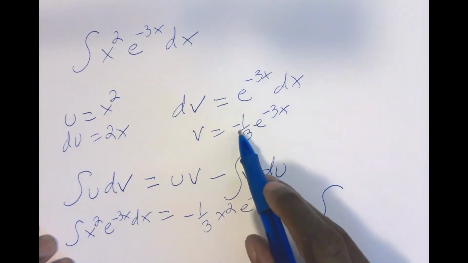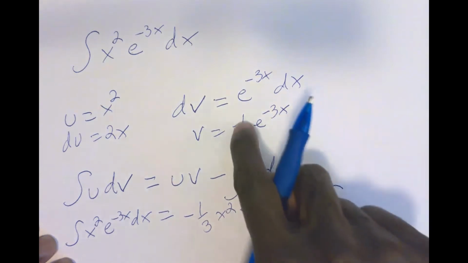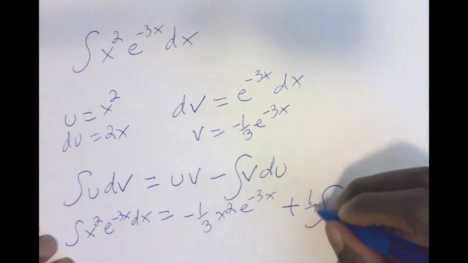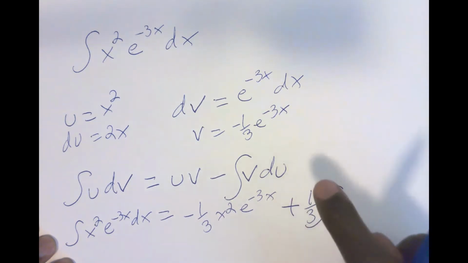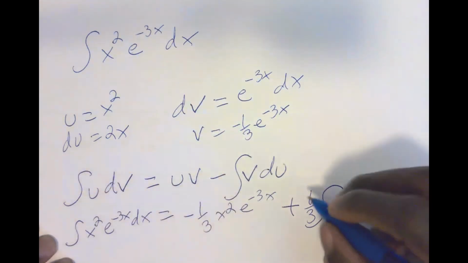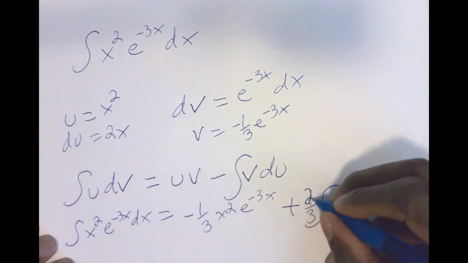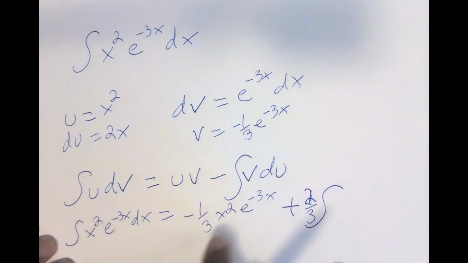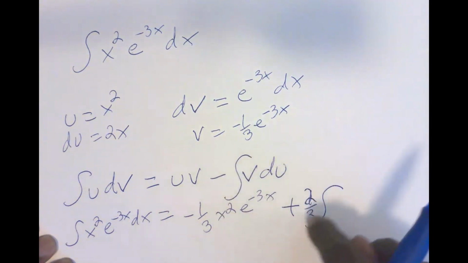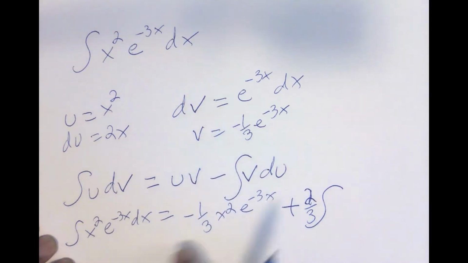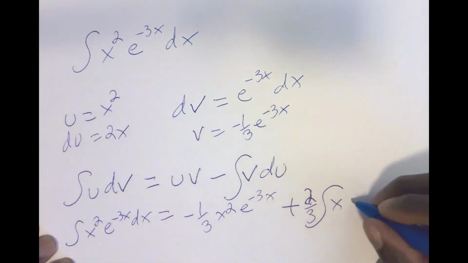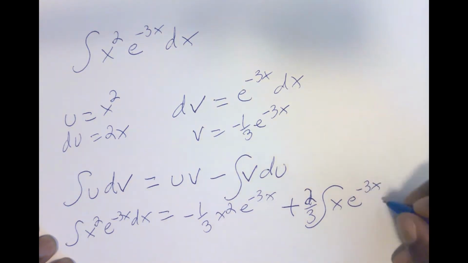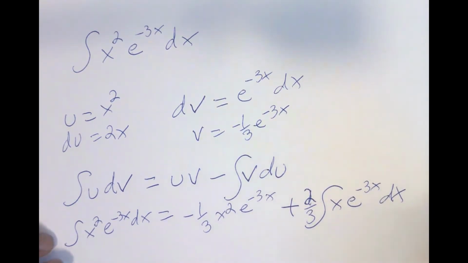Since v is negative, that becomes positive, and there's a 1/3 there that we can put in front. And there's a 2 from the 2x, so let's put a 2/3 in front. So that minus made it plus 2/3 times the integral of x e to the negative 3x dx.